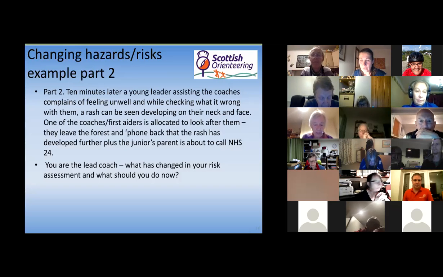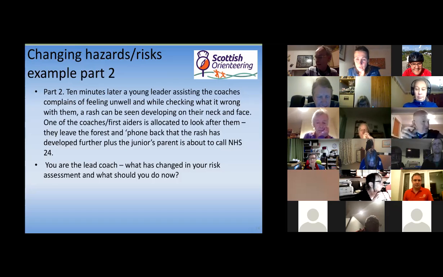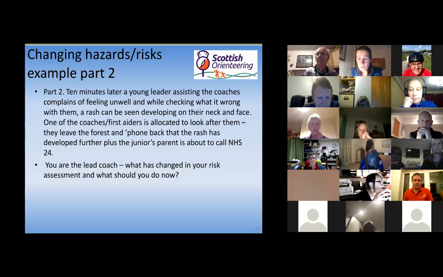Get people out of the forest as soon as possible. That's coming from Ian. The risk is much greater. The group should be brought back. Unknown hazard in the forest, so get people back. Ratio of coach to participant has changed. Stop session, recall everybody.